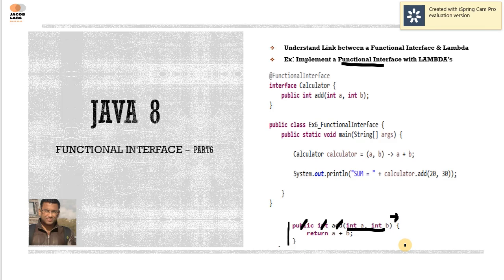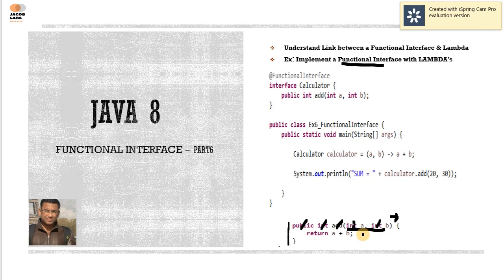We also learned that we can fine-tune or make the lambda less verbose. What are the rules? We don't need to supply the data type of the argument, so we can remove the int. Using type inference, it will automatically understand the type of the argument supplied.